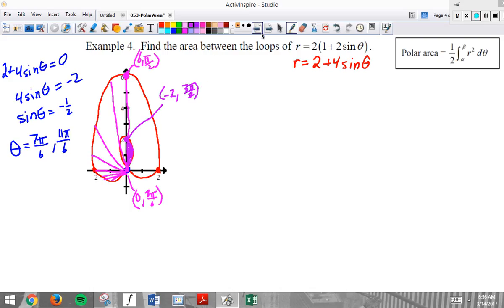So the basic idea will be to take the pink area, which again only represents half of the area I wanted. And it goes from pi over 2 until 7 pi over 6. It's one half r squared, always.